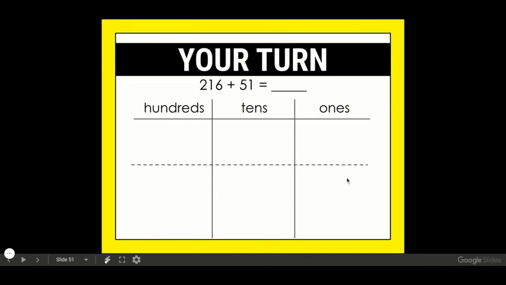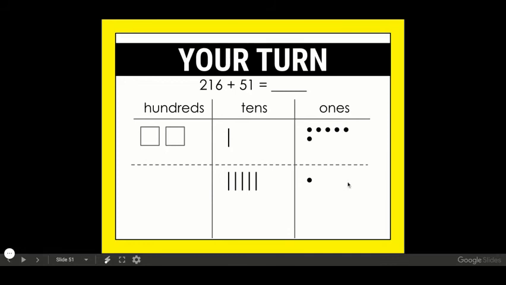Now draw your second addend on the bottom, 51. All right, does your HTO chart look similar to mine? 2 hundreds, 1 10, 6 ones. And then our second addend is 5 tens and 1 1.